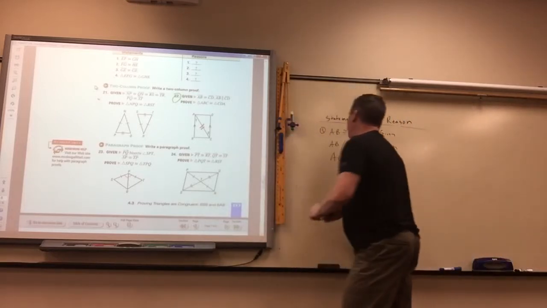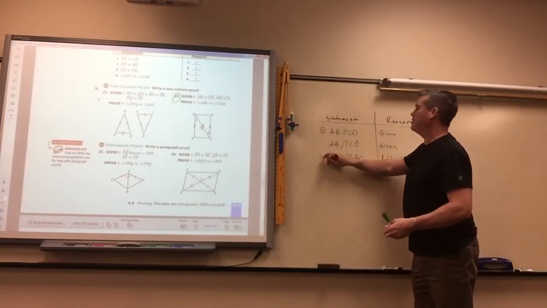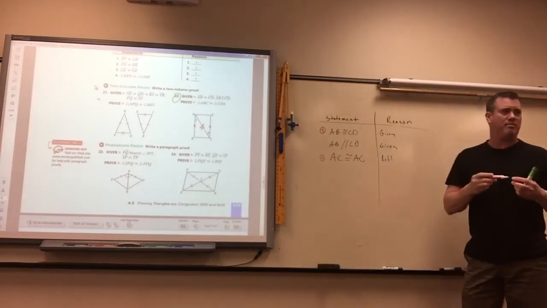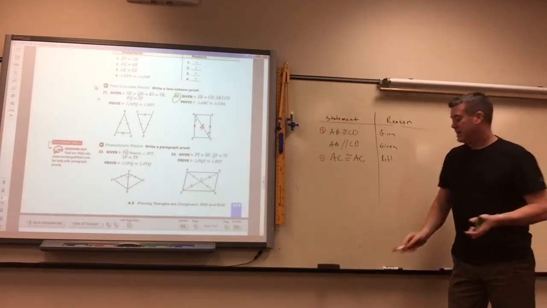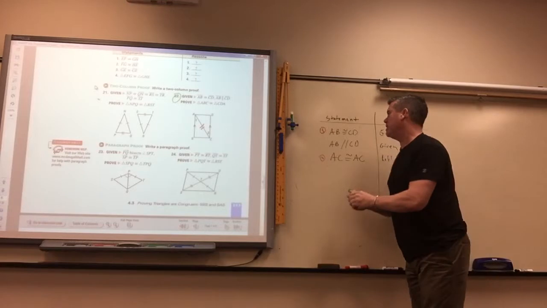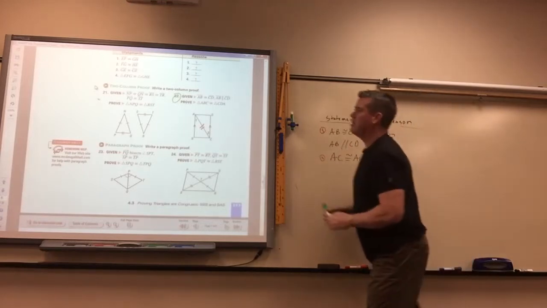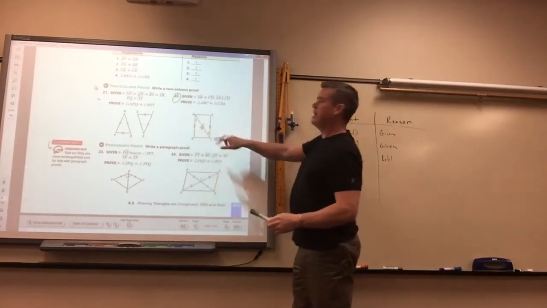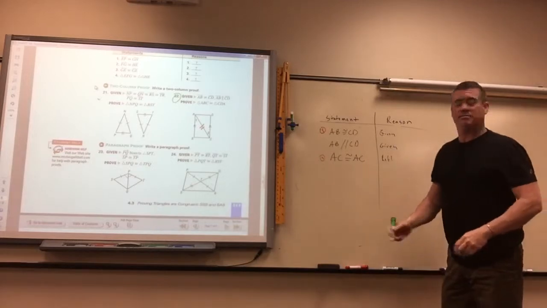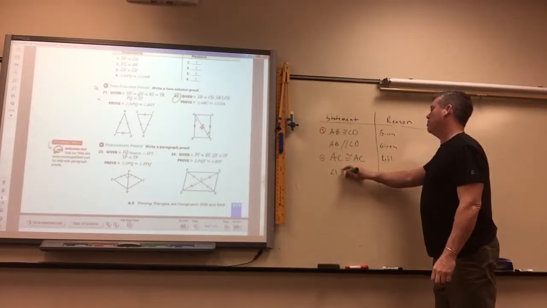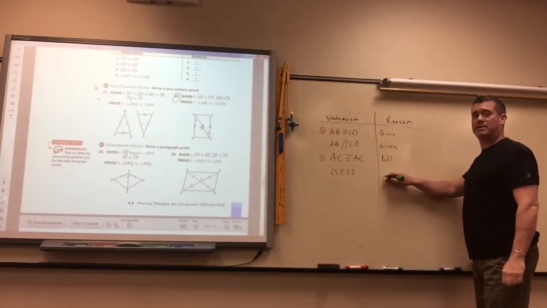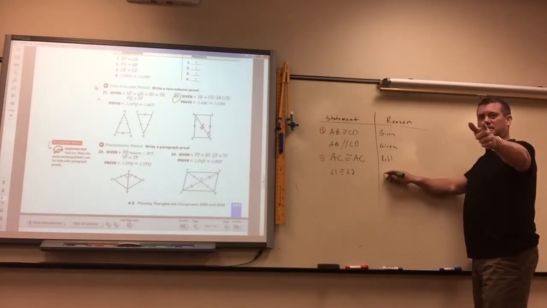So, right now I've got 2 things in there, but I need one more thing. Remember, you need 3 things? So, since these lines are parallel, I know that angle 1 and angle 2 are congruent, right? Angle 1 is congruent to angle 2, and the reason why? Because the parallel. What kind of angles are they?